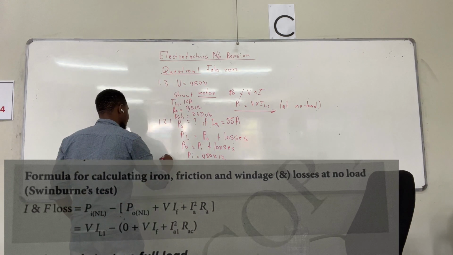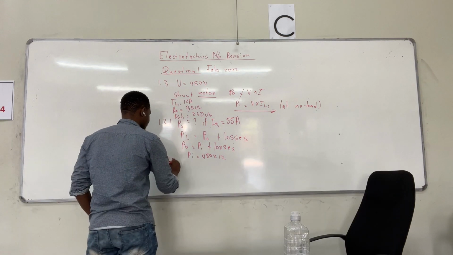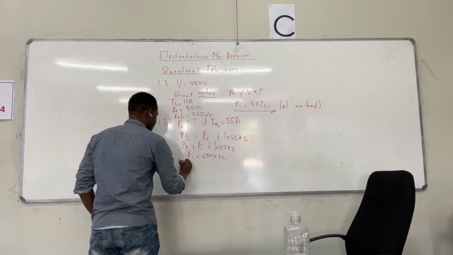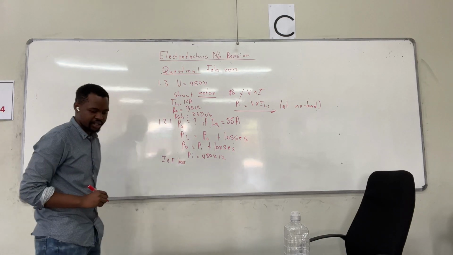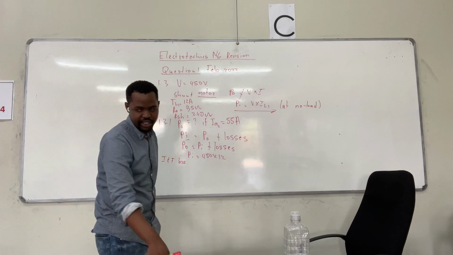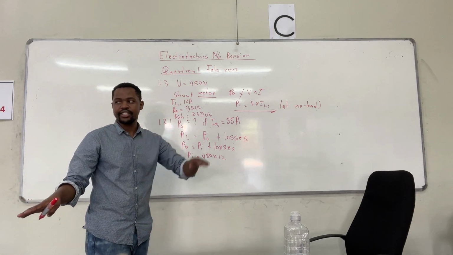The iron and friction loss at no load. The iron and friction loss we calculate at no load, and it is a constant loss.